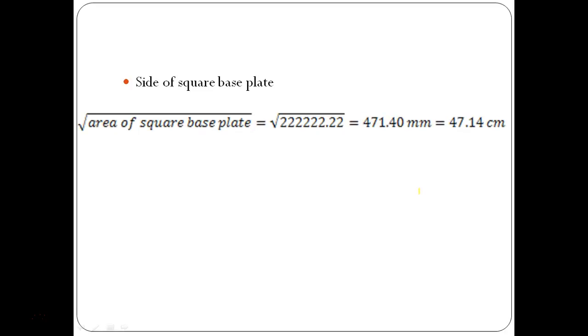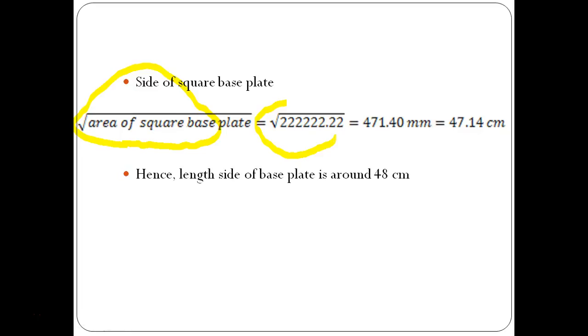We simply use the formula: square root of the area of the square base plate. If we put the value which we got for the area, 222.22, we get the answer in mm, and since we want it in centimeters, we convert it into centimeters. So the final answer is around 48 centimeters. The length of the side of the base plate is around 48 centimeters.